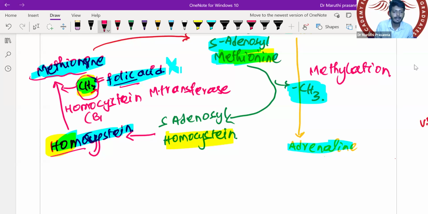Now let's look at this homocysteine methyl transferase. It requires vitamin B12. The enzyme requires a coenzyme called vitamin B12, which helps the function of homocysteine methyl transferase. So if B12 is not there, this enzyme will not work. If the enzyme does not work, automatically homocysteine level will be raised.